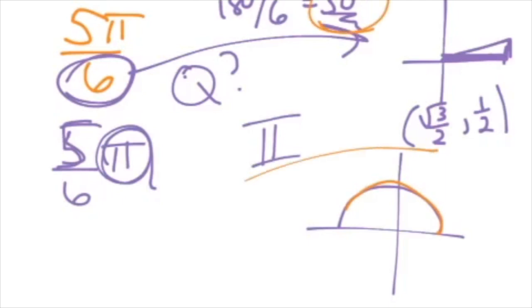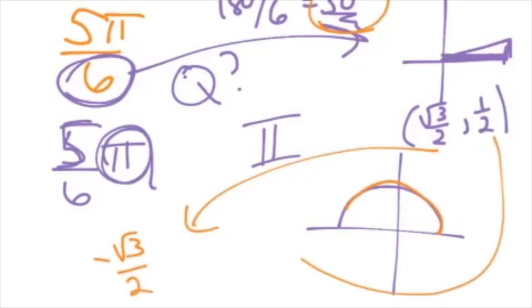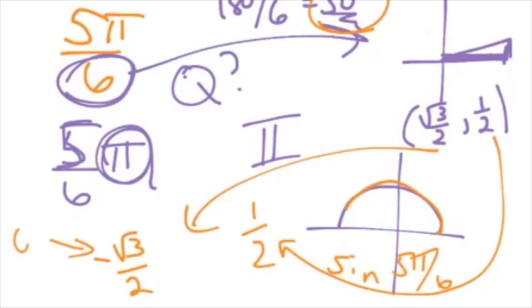So that's going to put my cosine, since it's quadrant 2, as negative radical 3 over 2, and my sine is going to be 1/2. So the sine of 5 pi over 6 is positive 1/2, and the cosine of 5 pi over 6 is negative radical 3 over 2.